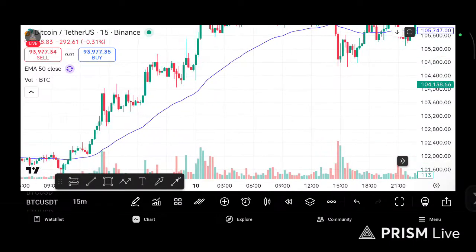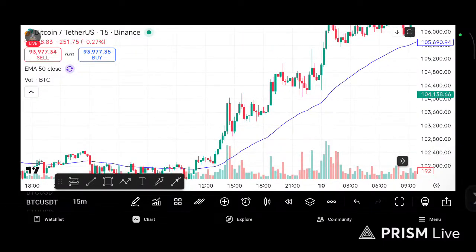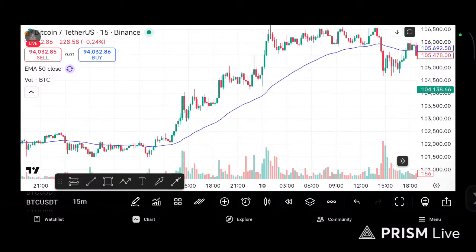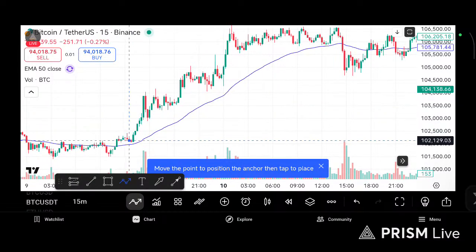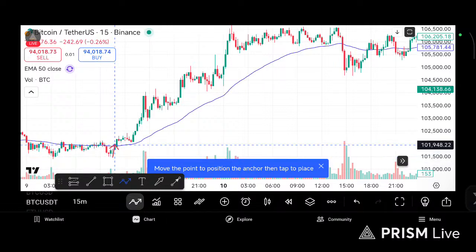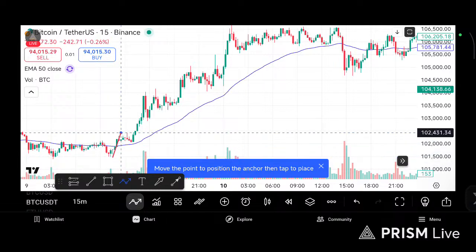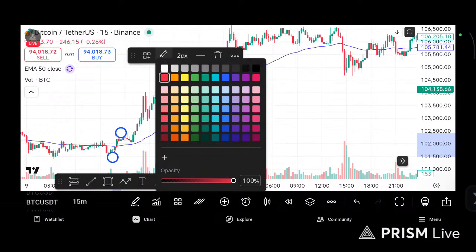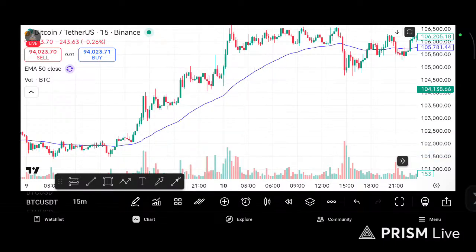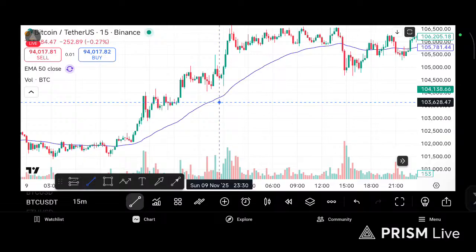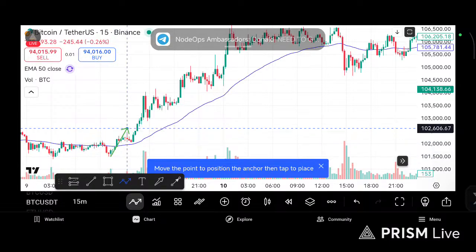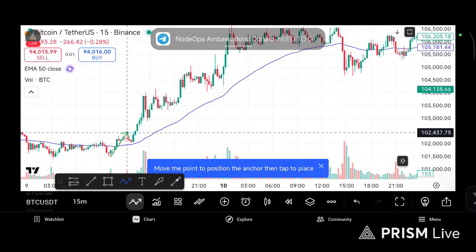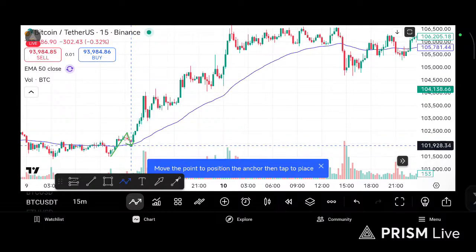So this is an example of type 1 liquidity. Guess what happened to the market? This was a lower low, and it forms another higher high.